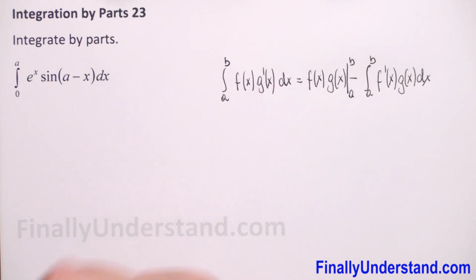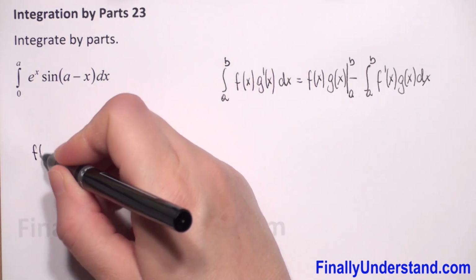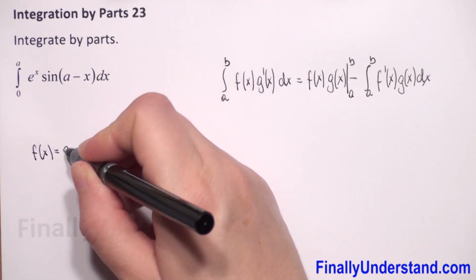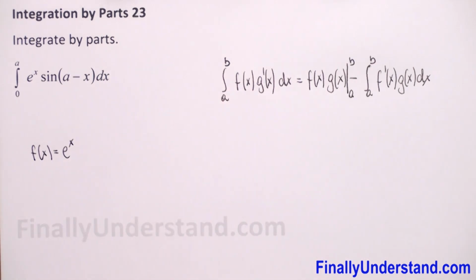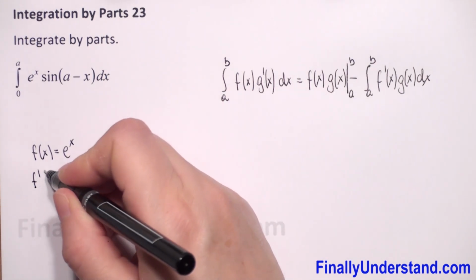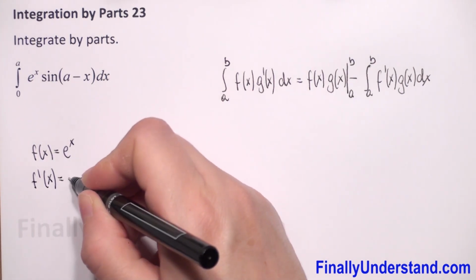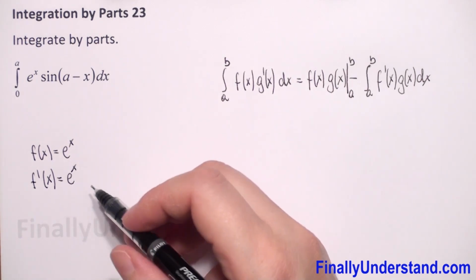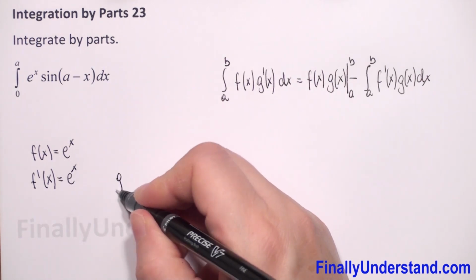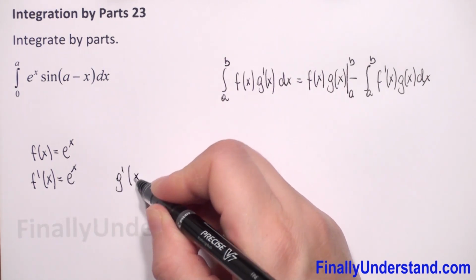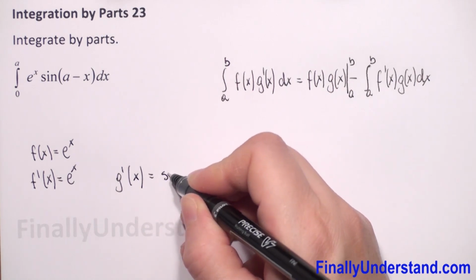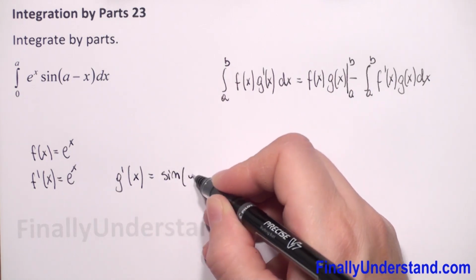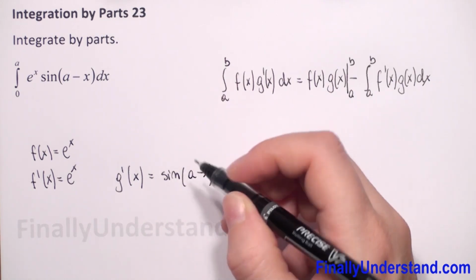So now let me put that f of x is equal e to power x. F prime of x is equal e to power x. And whatever is left is our g prime. So this is sine of a minus x.